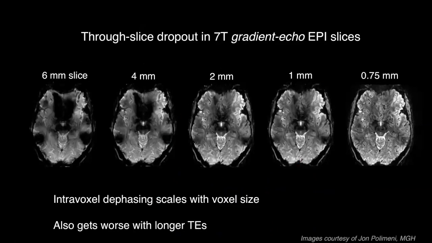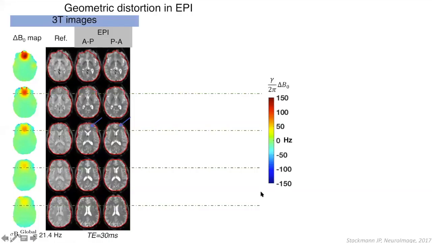You also get this through-slice dropout with the gradient echo EPI slices. So you can see if you have a 6 millimeter slice, you have this large intravoxel dephasing causing this loss of signal. But then as you bring down your slice to 0.75 millimeters, you recover signal because you have less dephasing.